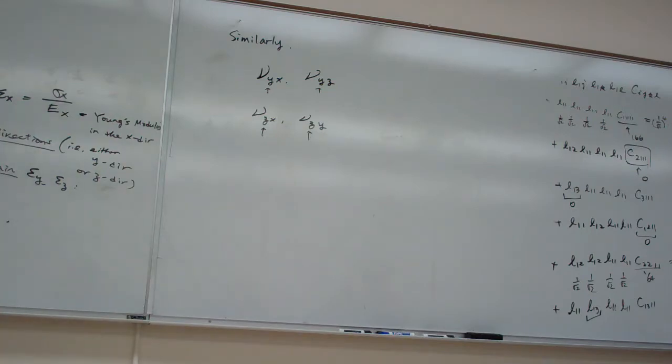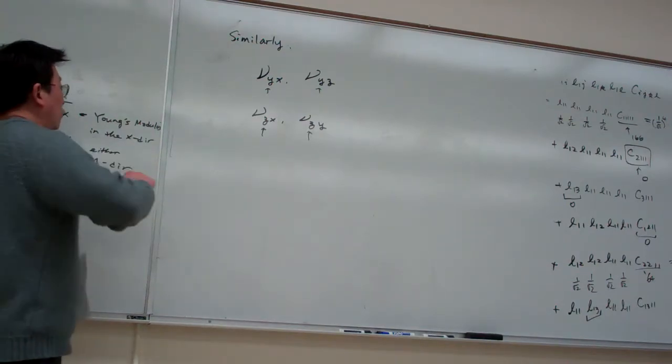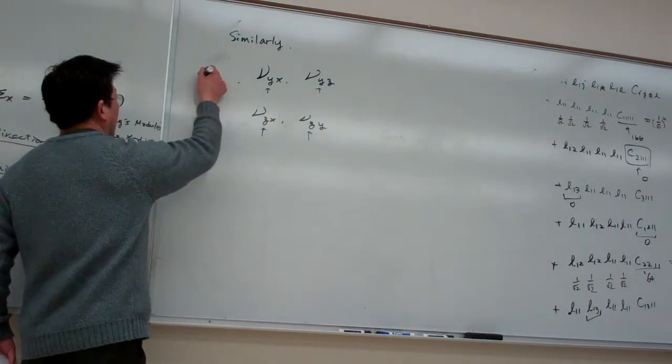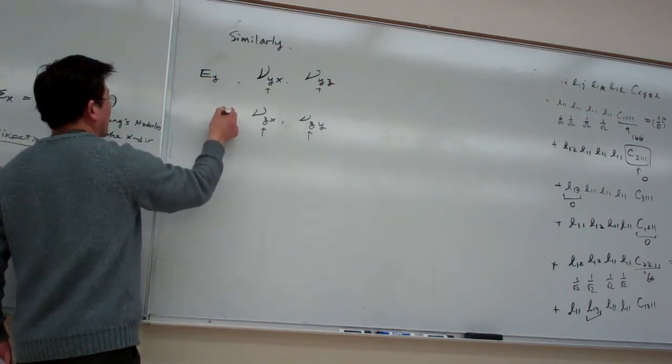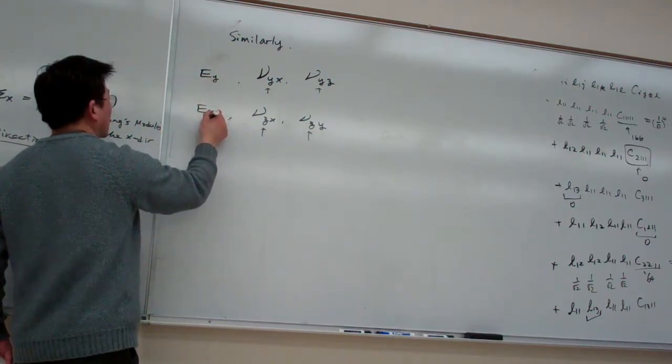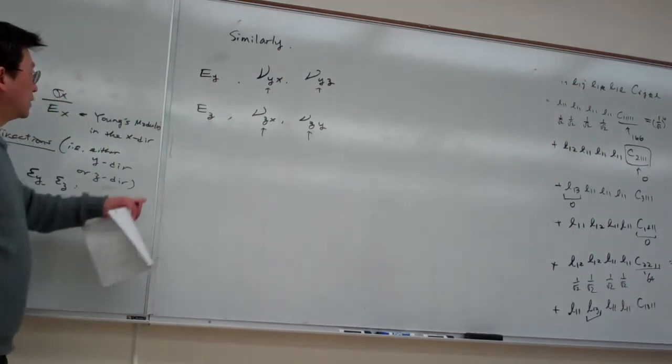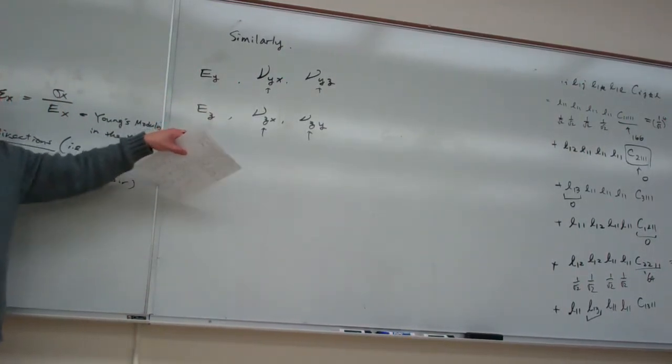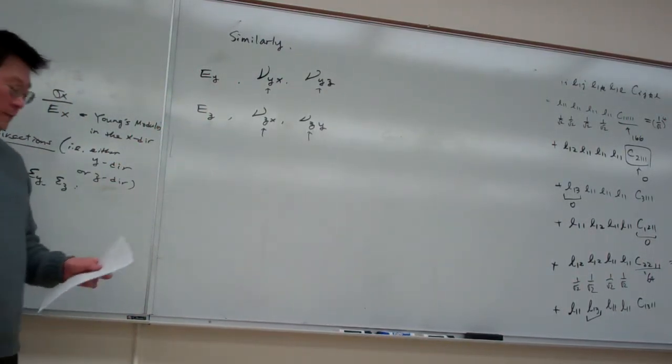So from here, for orthotropic materials, from an engineering viewpoint, we expect there are six such values. And in a similar way, when you do the loading, you're going to employ knowledge about the Young's modulus in y direction and z direction.